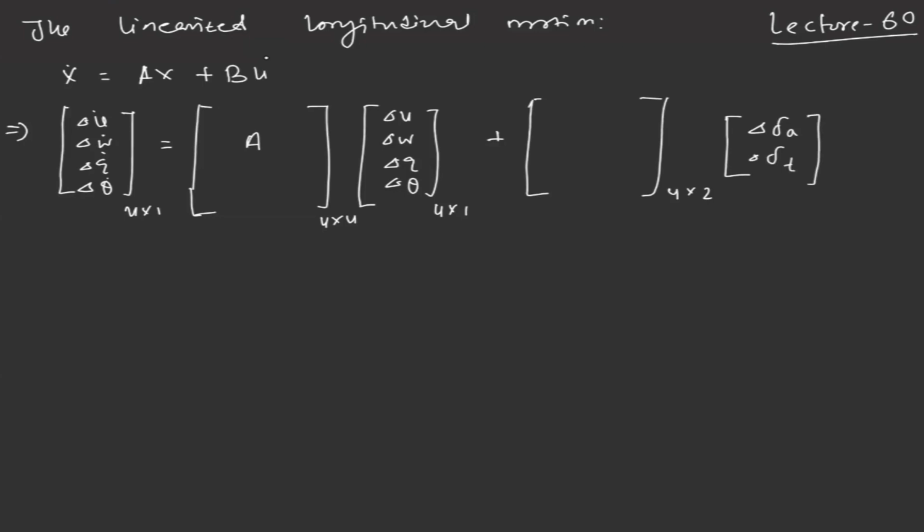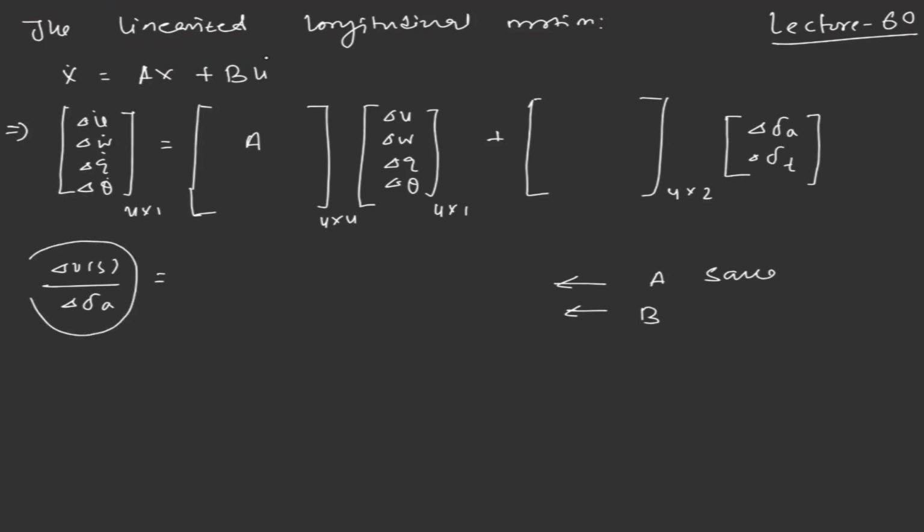Now, if we want to find the transfer function, for example, delta U(s) with respect to delta delta A, what you have to do is use the concept we have learned in the previous lectures. For this case, the A matrix will be the same, but the B matrix we have to modify.